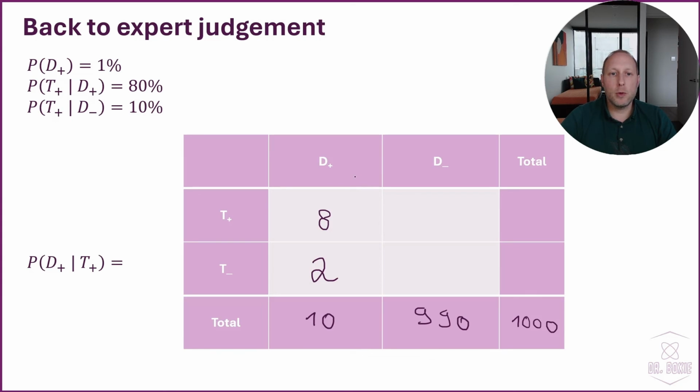Well, of those who don't have breast cancer, 10% of them, in other words 99, will still get told that they do have cancer according to the test. The rest of them, being 891, who do not have breast cancer, will hear that they don't have breast cancer according to the test.